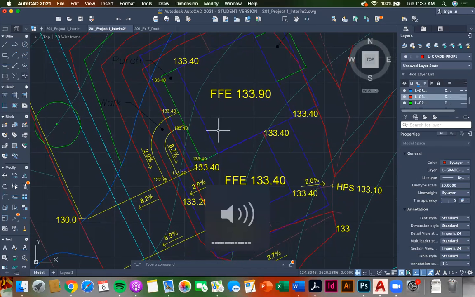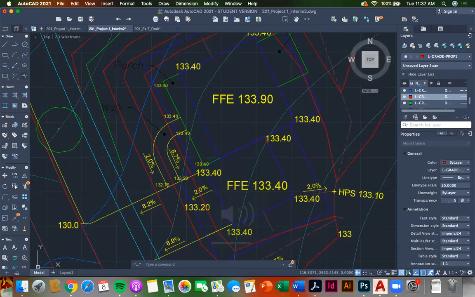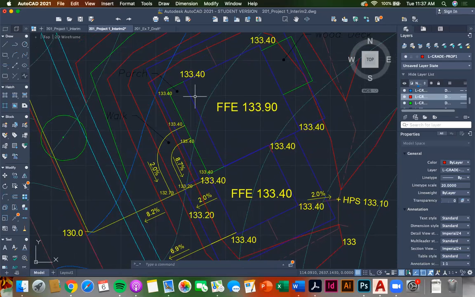Oh, no worries. The entrance should be 130. Yes, that's fine. Okay, so it would drain fine if the porch and the driveway are both equal. Yeah, because your slope is perpendicular away from the building. Right. Okay, that makes sense.